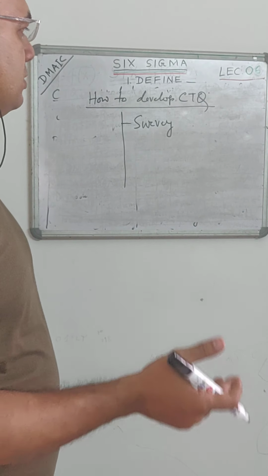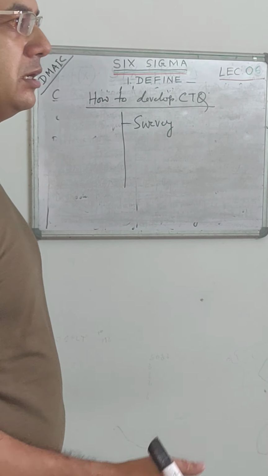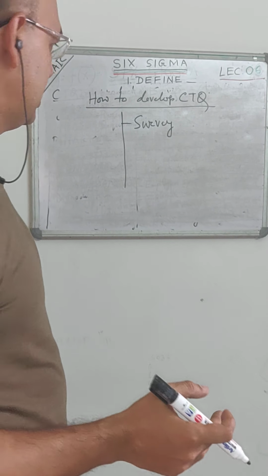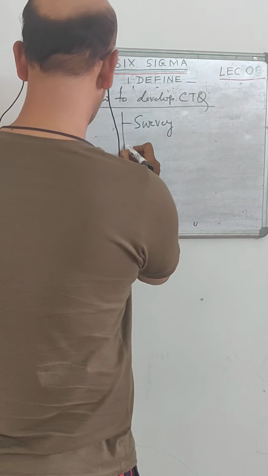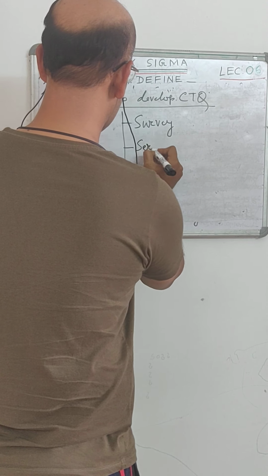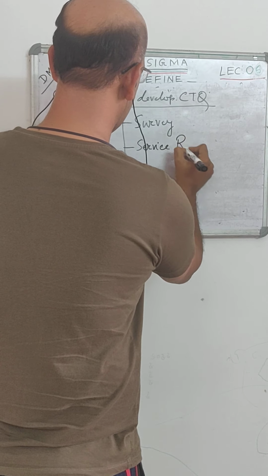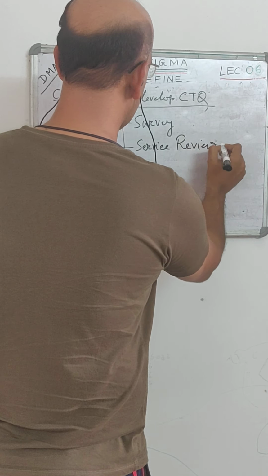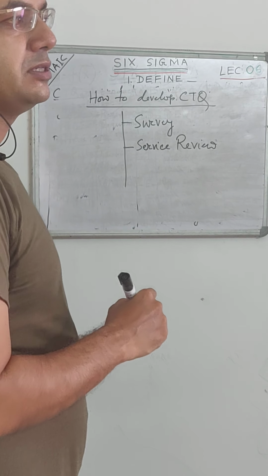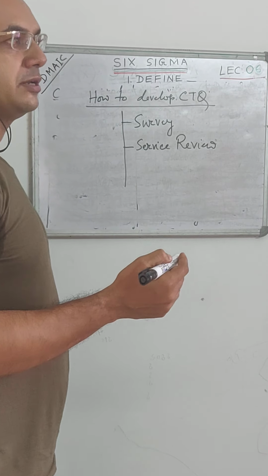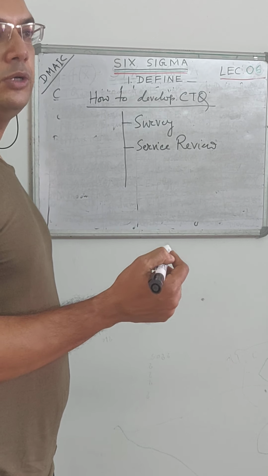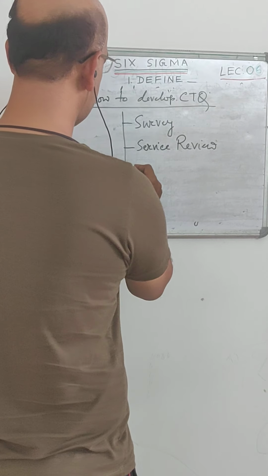And based on that survey, we can have details, like what are the issues, what are the goods, what are the bads. Then we can have service review of our customers, periodic service review. In that review, they will come up with new issues or new requirements.